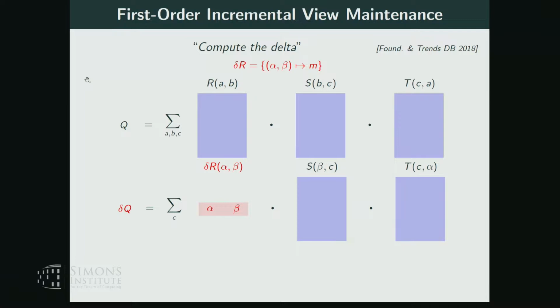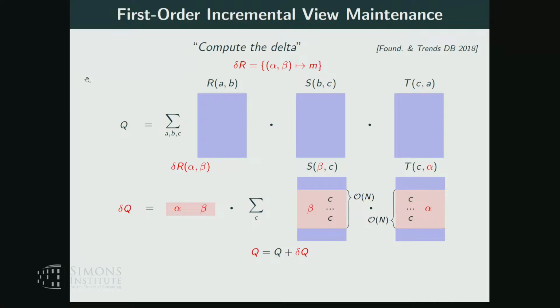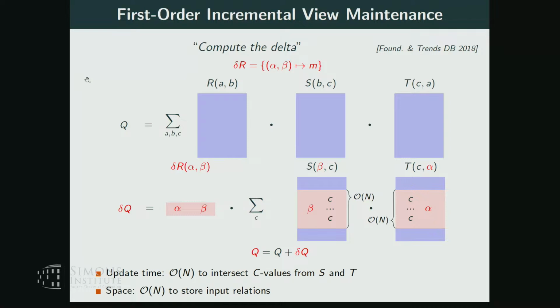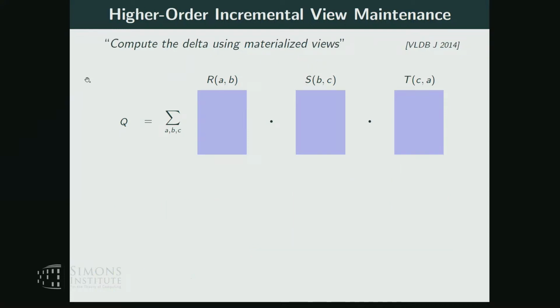We just take the C values paired with beta and the C values paired with alpha, and intersect them. That intersection may take linear time in n, because in general beta and alpha may be paired with n possible C values. After this, we sum Q with delta Q to get the new Q. The update time is linear to intersect the C values, and the space remains linear.